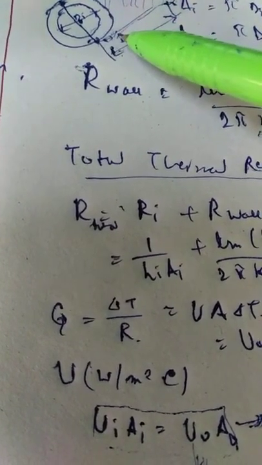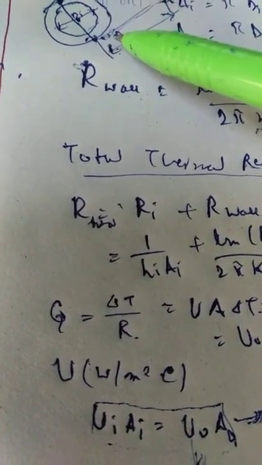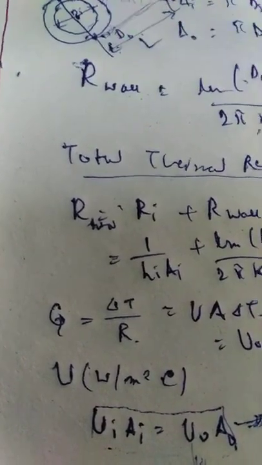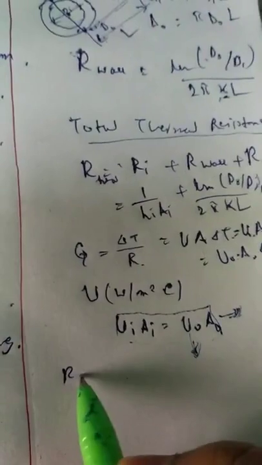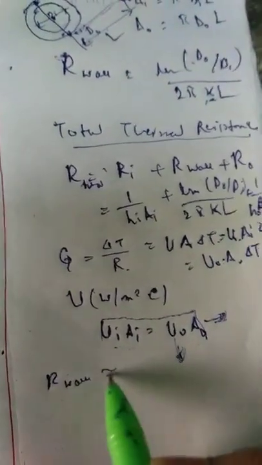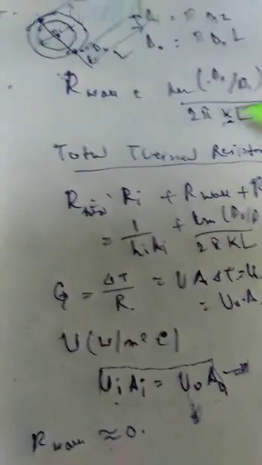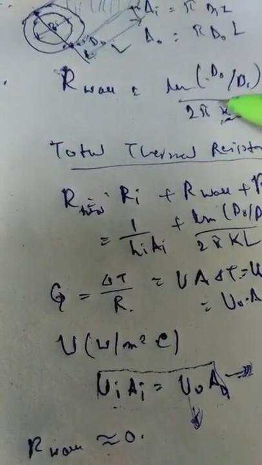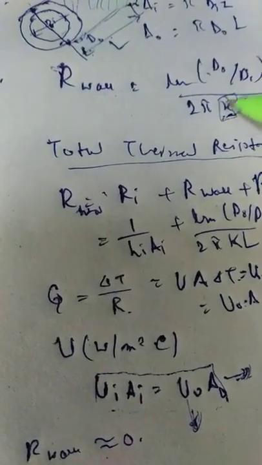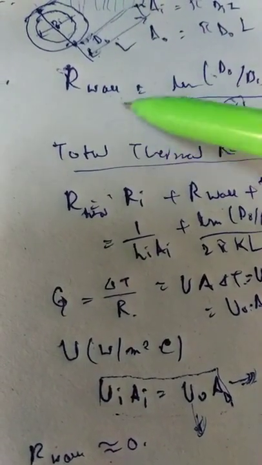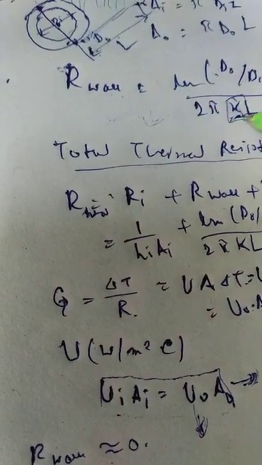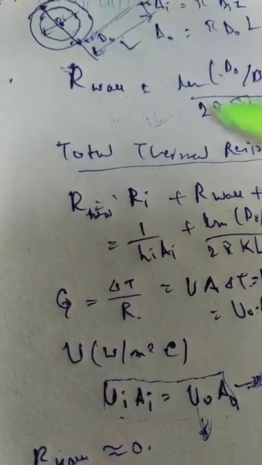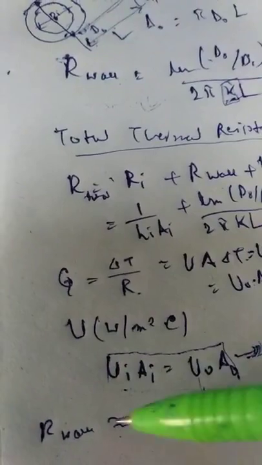So we can say that the thermal resistance of the tube can be neglected as it is very thin. So R wall equals 0, because this value of K is very high and the thickness is negligible. This will be very close to 0, so we can neglect this entity.